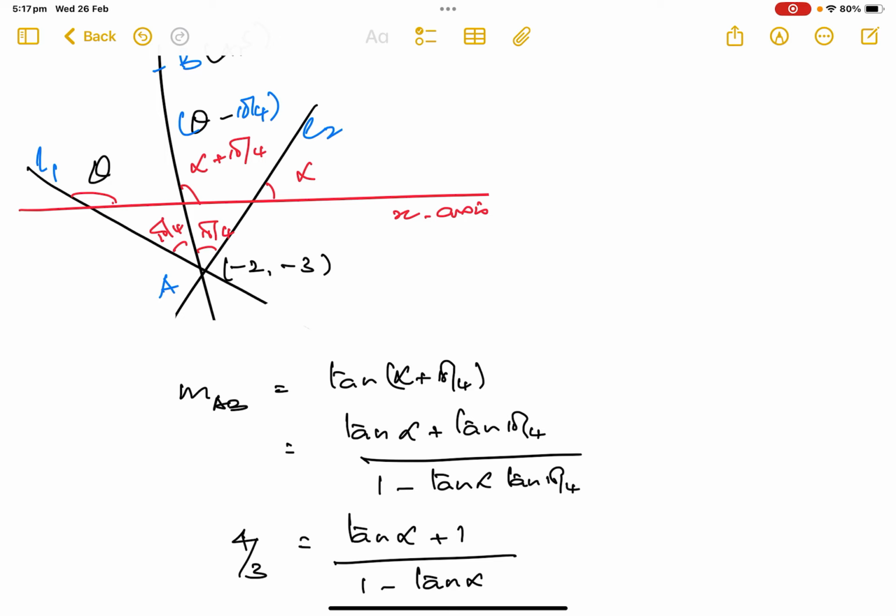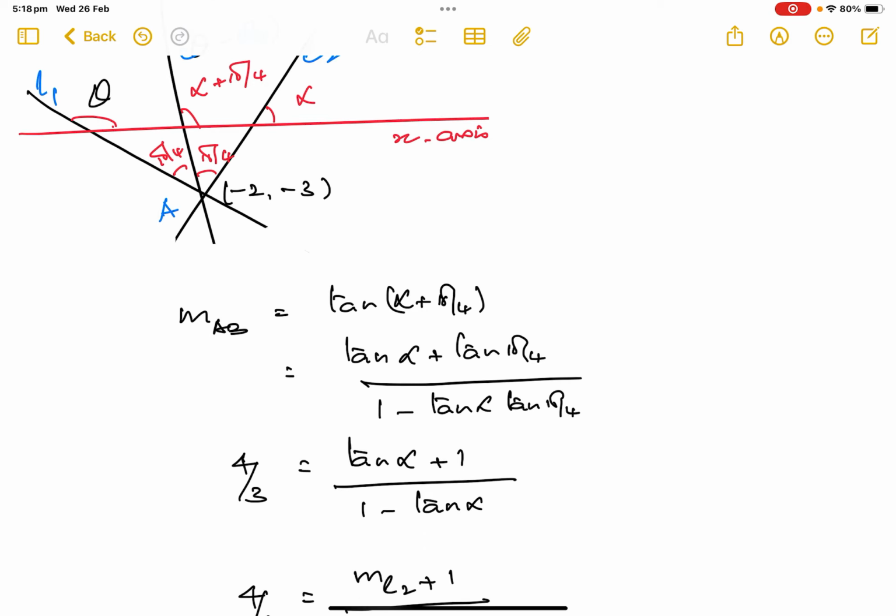Even though we know the gradient of AB, we just wanted the angle with the x-axis, and tan of the angle made with the x-axis is the gradient. So MAB, the gradient of AB, is tan of alpha plus pi by 4. So one angle is alpha plus pi by 4, or theta, I'll do that later on.